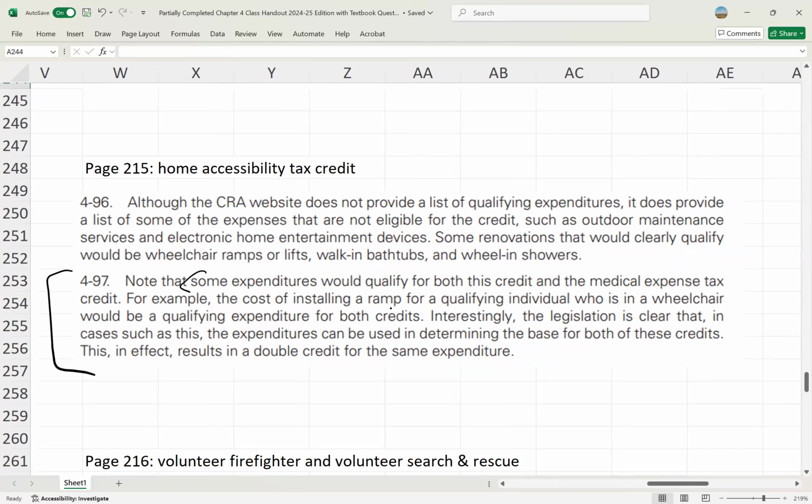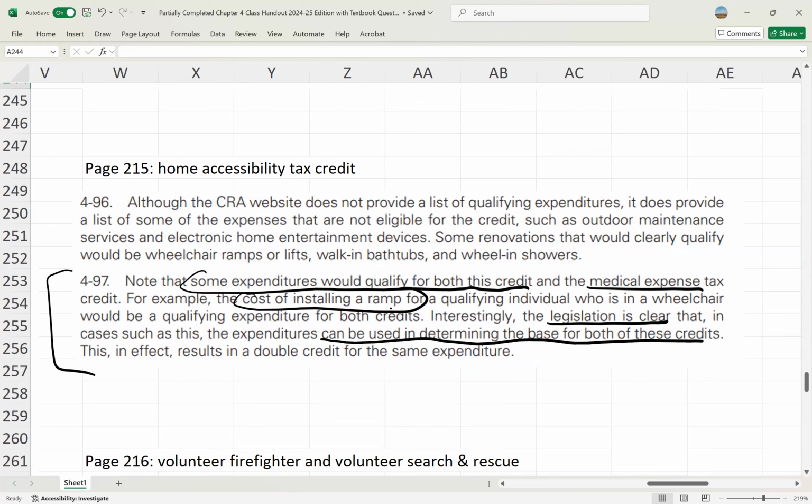Some expenditures would qualify for both this credit and the medical expense tax credit. For example, the cost of installing a ramp for somebody who's in a wheelchair would qualify for both. The legislation is clear that in this case, it can be used to determine the base for both of these tax credits.